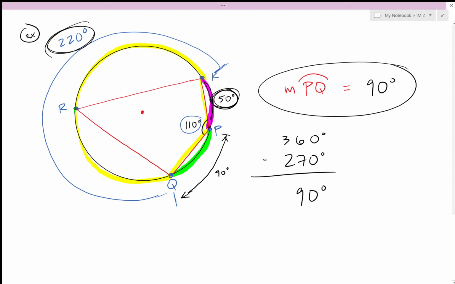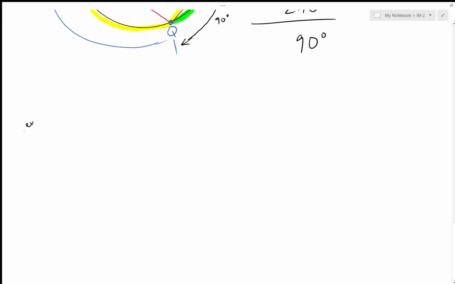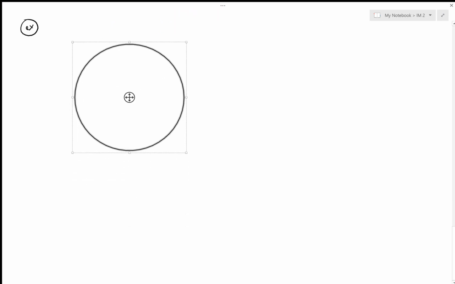All right, one more example of this. Okay, last example. So there's the center. They'll give us this.